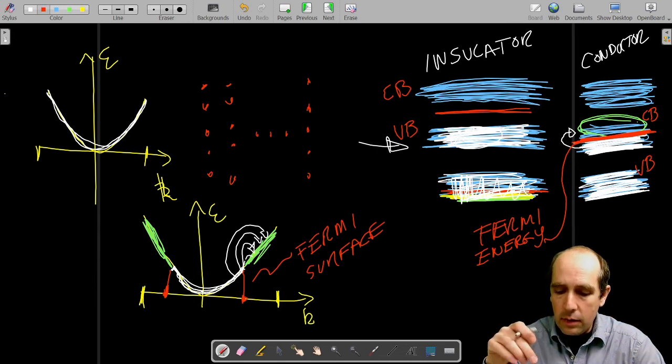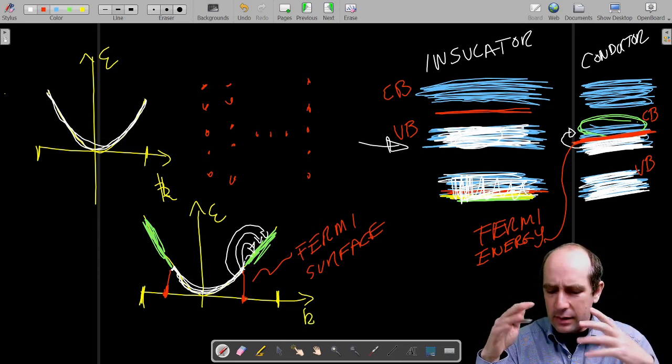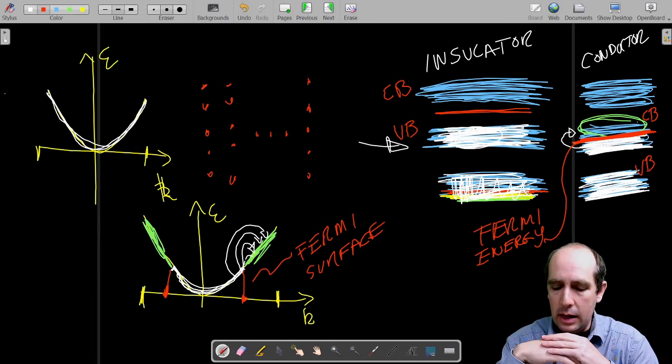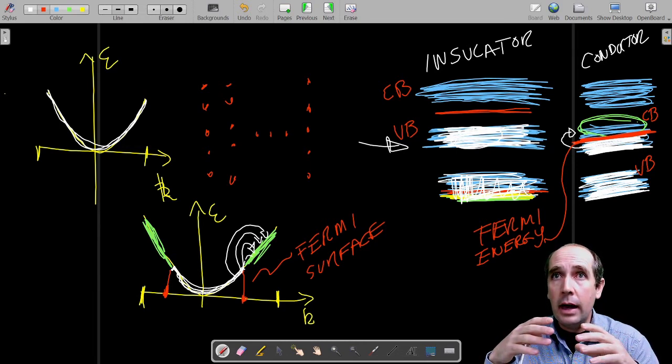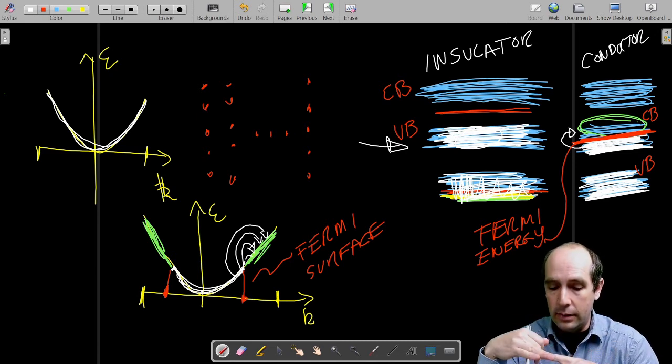So what we can see from these two schematics is that the valence band is the last full band, and the conduction band is the first either empty or half-full band.